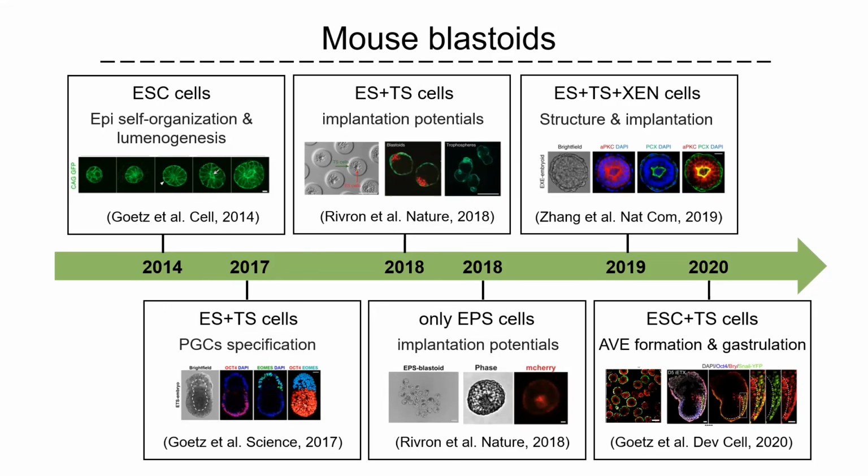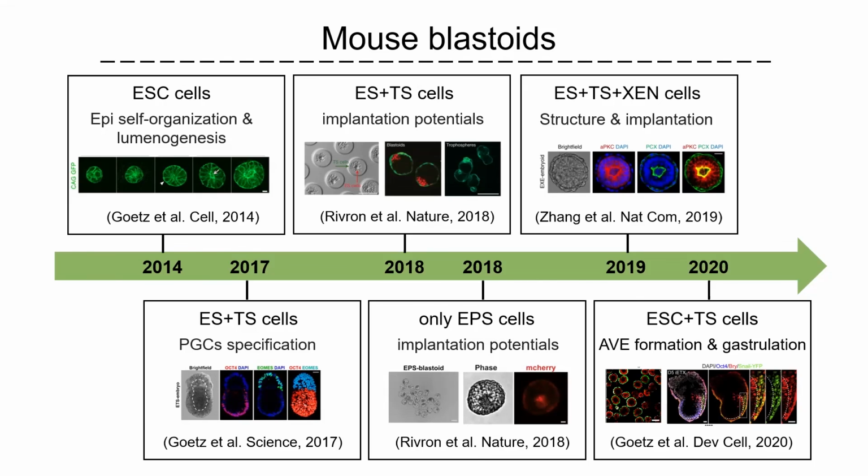In contrast to the protocols based on mouse embryonic stem cells, a total of four groups reported blastoids based on murine EPSC, expanded pluripotent stem cells, without the addition of TSC, for the generation of EPSC-only blastoids. Although EPSC-only blastoids can form with fewer exogenous cues than the other models, the efficiency of blastoid generation appears higher when using TSC for the TE compartment rather than TE induction from EPSC alone.